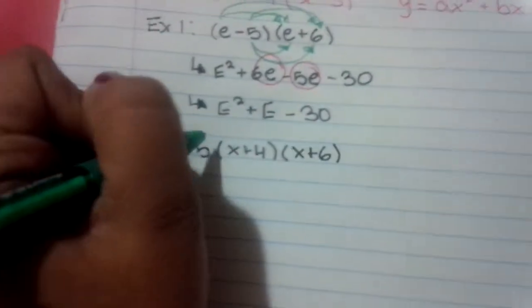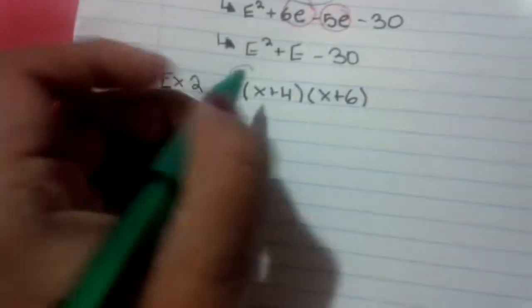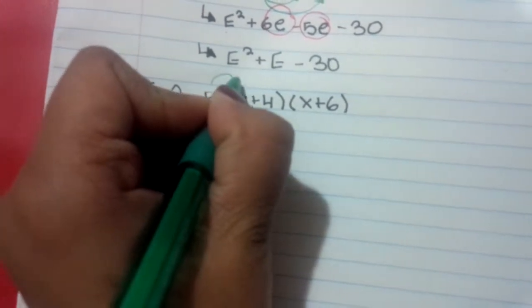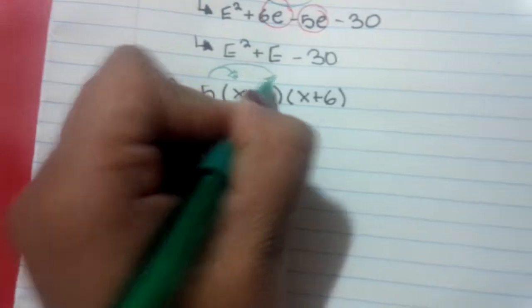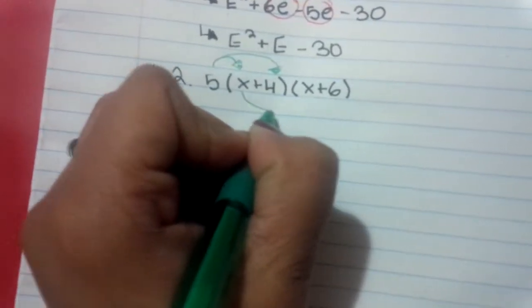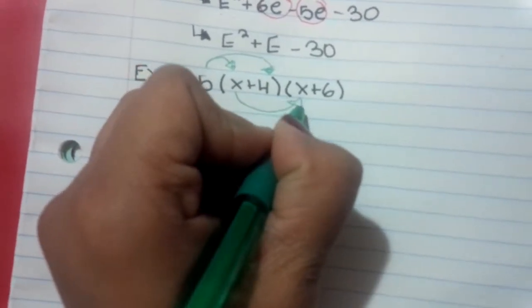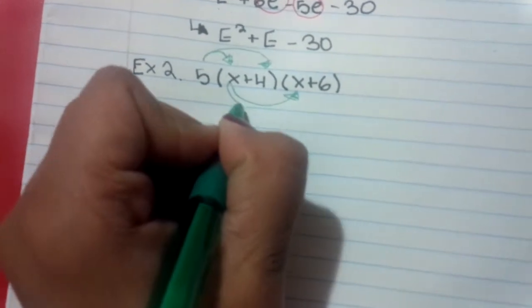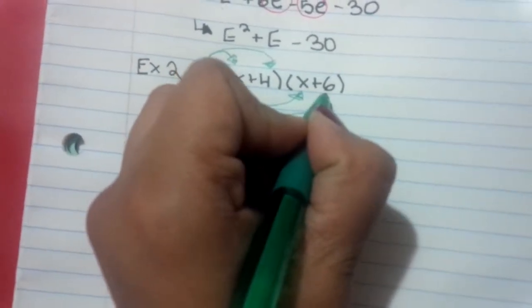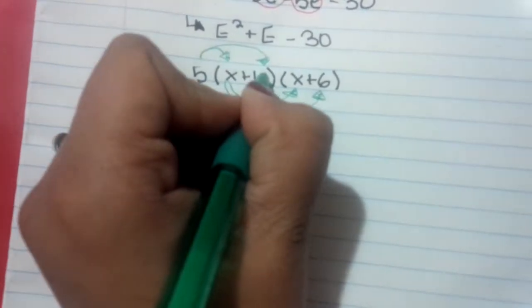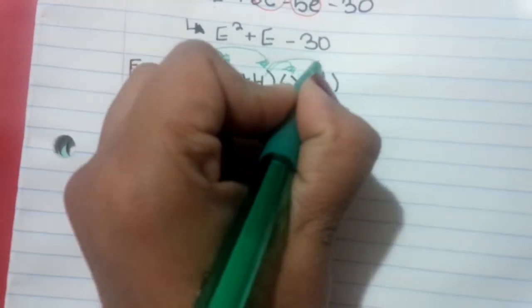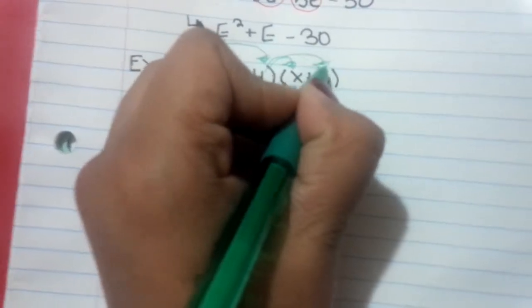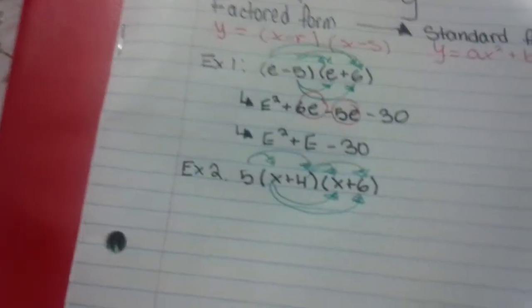In this, the 5 will be multiplied by everything in the first brackets only. Then x will be multiplied by everything in the second bracket, and 4 will be multiplied by everything in the second bracket as well. I know it seems like a lot of steps, but it's pretty easy. So let's get started.